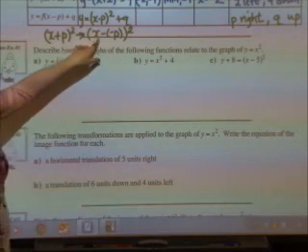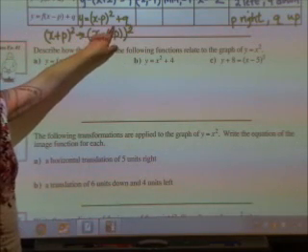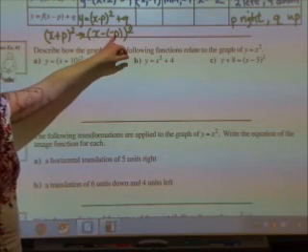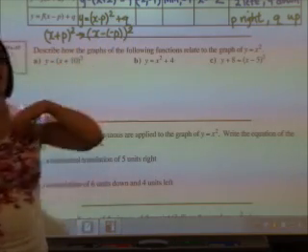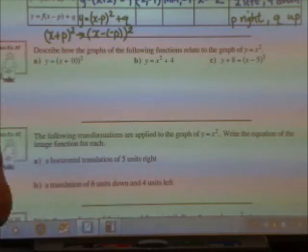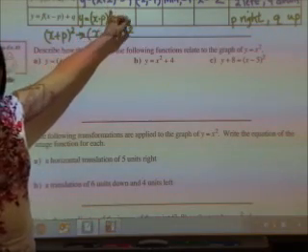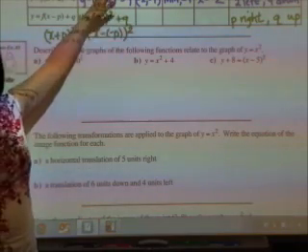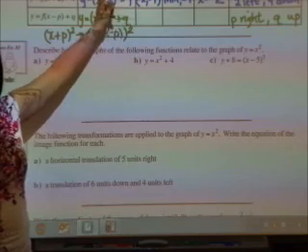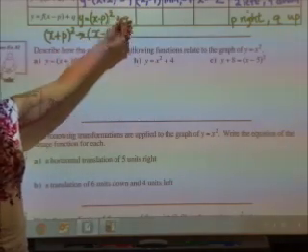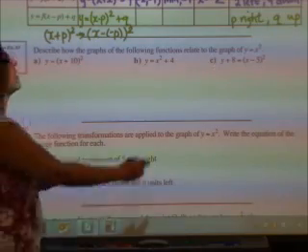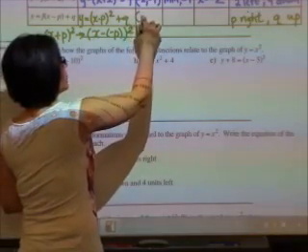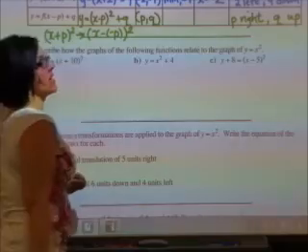We just simplified it by combining the two negatives. This tells me to move to the left. This one's telling me to move to the right. The q value, because it's on the same side of the equation as the x, goes whichever way the sign is. A plus means I go up, a minus means I go down, because it was the reverse when it was over on the other side. So my vertex would be at p and q.